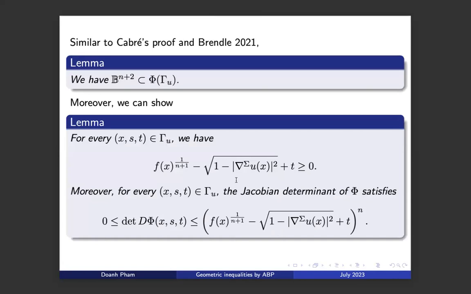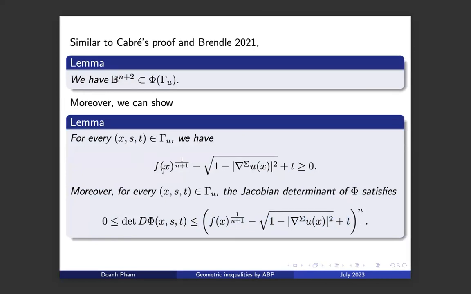Moreover, we can show that the Jacobian determinant of phi is controlled by f, u and t.